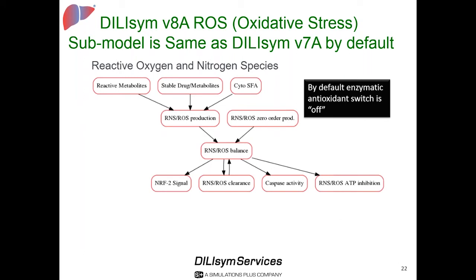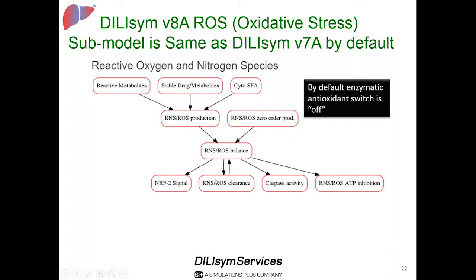So this diagram here is a quick schematic of our oxidative stress, reactive oxygen and nitrogen species diagram, and it shows that currently it's simulated as a balance of the species. So it would start at 1, for instance, for a homeostatic healthy person, and you have clearance of the oxidative stress and production of that oxidative stress.